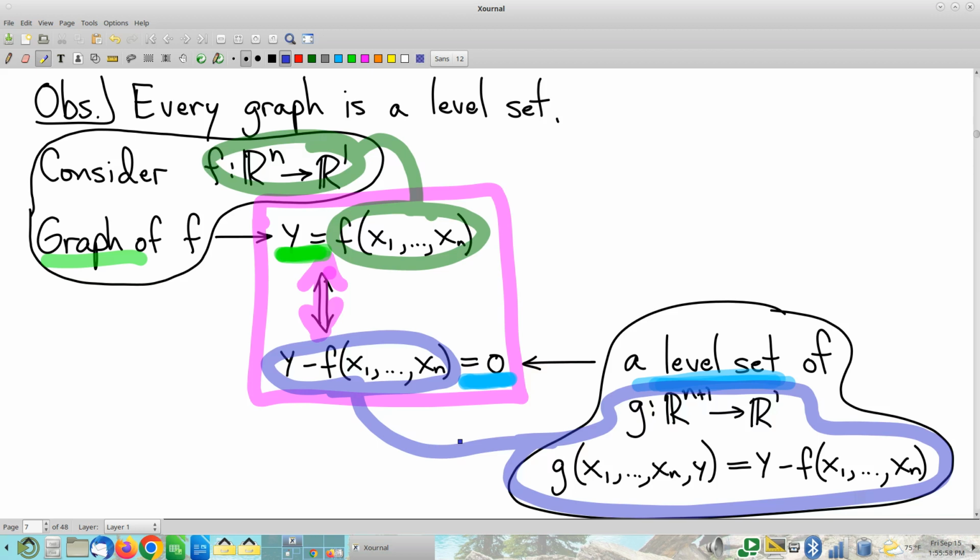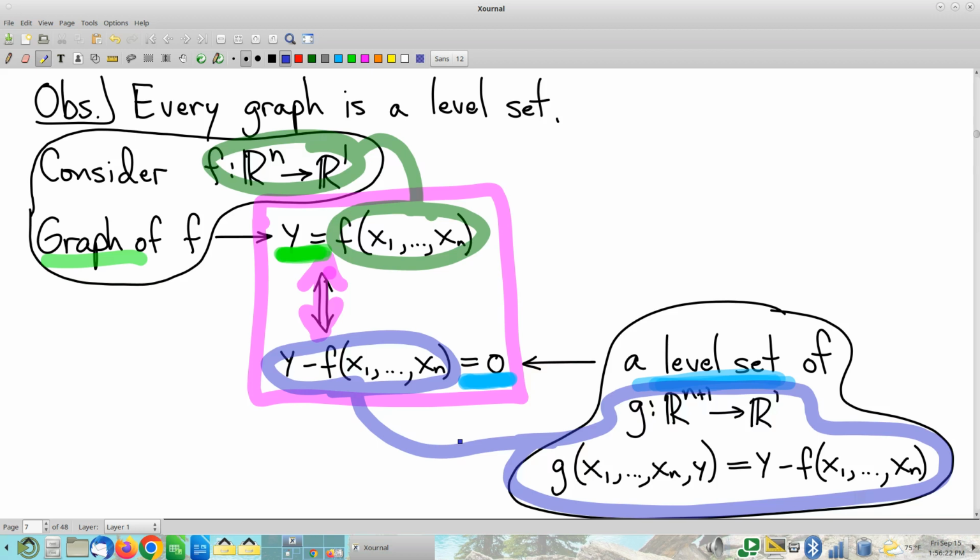Any equation that looks like this one right here, you can always take the right-hand side and subtract it over to the left-hand side, and you always get stuff equals 0, which is a constant. So the nice punchline is, this little trivial bit of algebra doesn't look like hardly anything, but it shows that every graph is a level set of a different function.